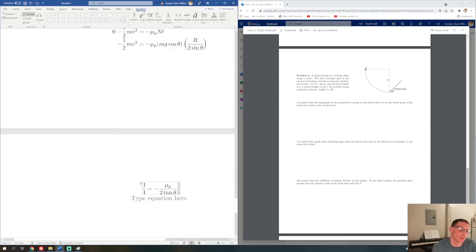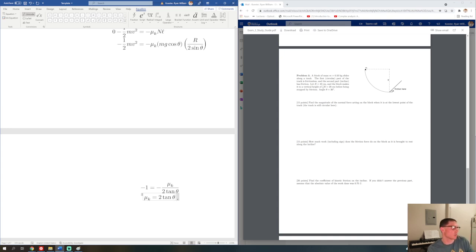And then this is actually going to turn into -1, because we now have a negative sign on both sides, which we'll get rid of anyway. So we end up finding that mu sub k should just be 2 tangent theta, if I didn't make any other mistakes. But it is just going to depend on the angle, the tangent of the angle.